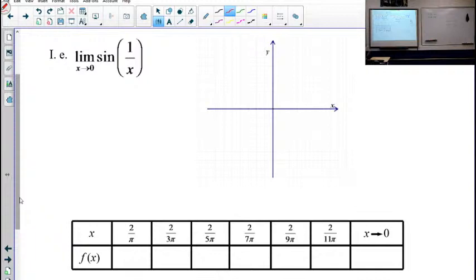We practiced a lot of trig. With 2 over pi, 2 over 3 pi, 2 over 5 pi. These are getting closer and closer to 0, right? 2 over 9 pi is bigger than 2 over 11 pi. These are getting smaller and smaller. So we're getting closer and closer to 0. We're trying to study what we get closer and closer to.